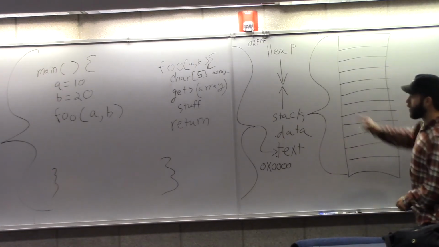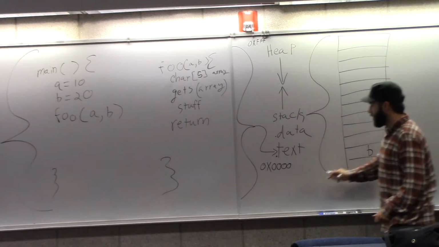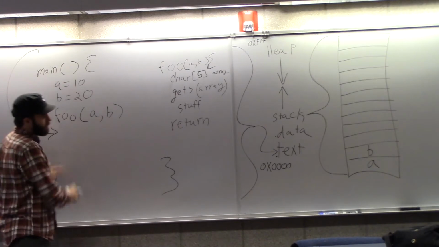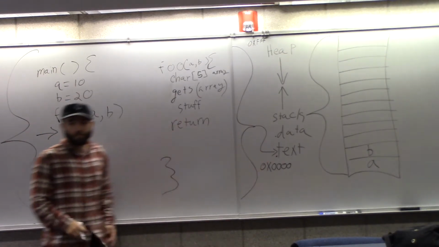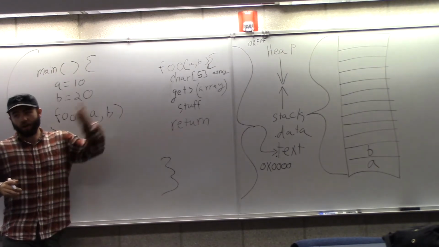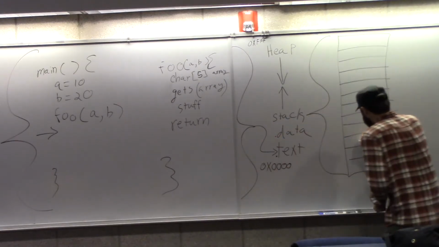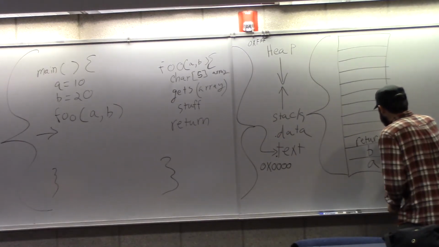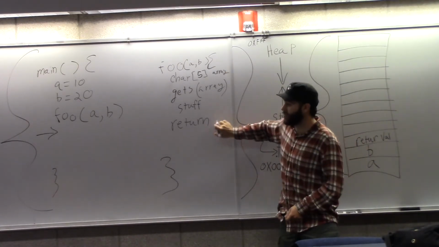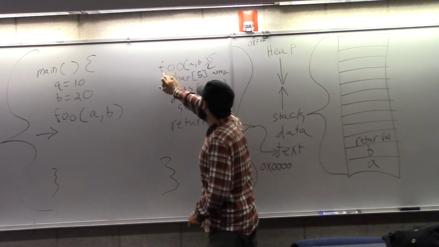So you're going to push A, then you're going to push B, and then this right here is some place in memory, in text, a value of where that code is running, what instruction the processor is pulling out of the text section. So you're going to also push that, so when the computer finishes your function, it knows where to go. Then you're going to start foo.